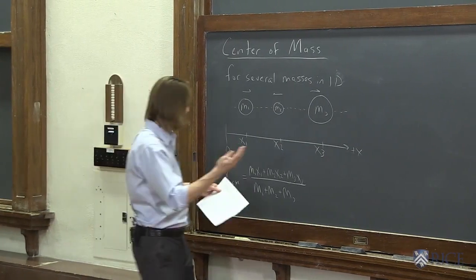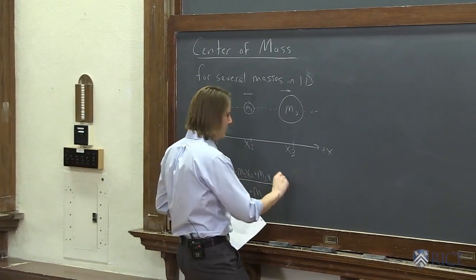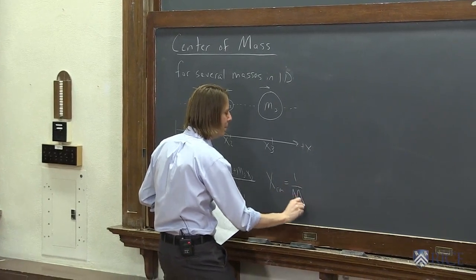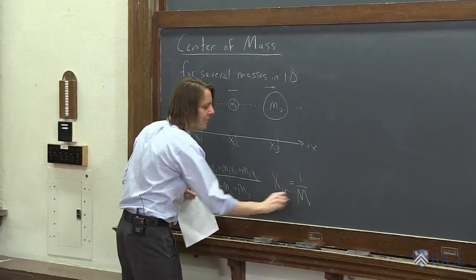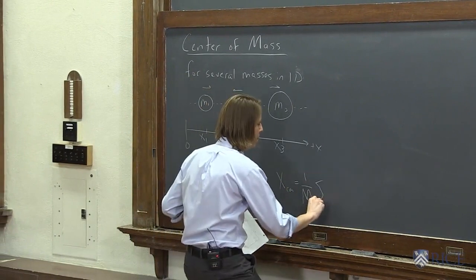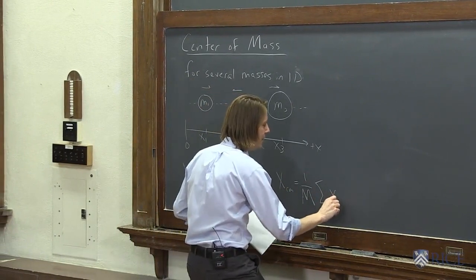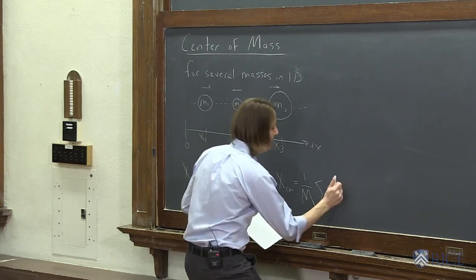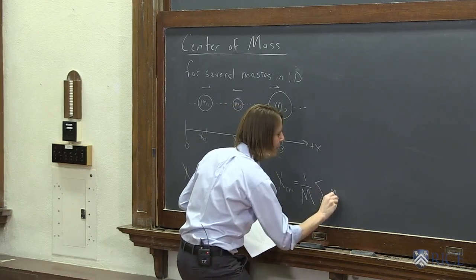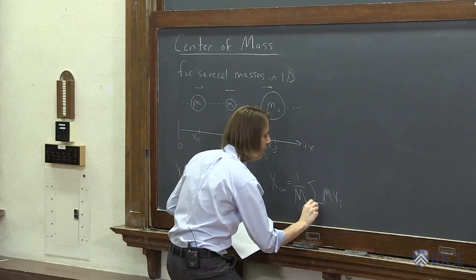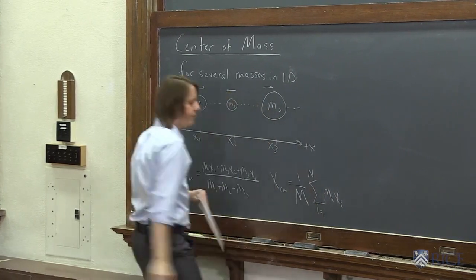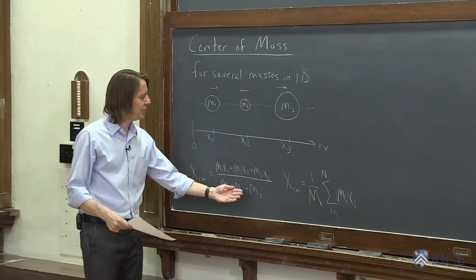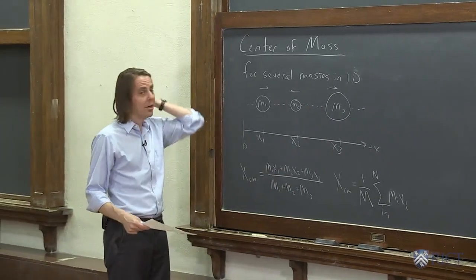If you had n particles, if we wanted to write this real general, we could say that the center of mass is 1 over big M, where big M is the total mass, and then just sum up all of the m_i x_i, for i equals 1 to n. If you want a general formula, there you go. But it's a simple idea: 1 over the total mass, and then the mass-weighted position of each one.